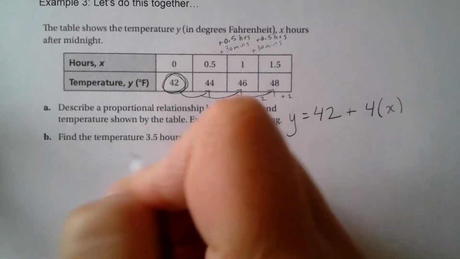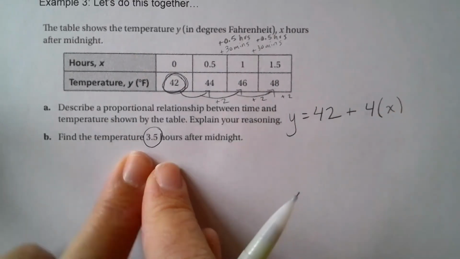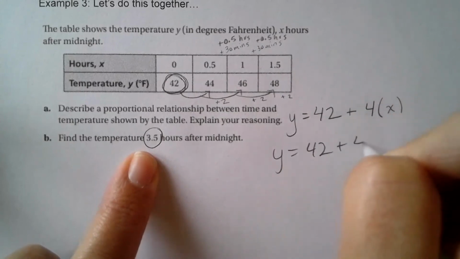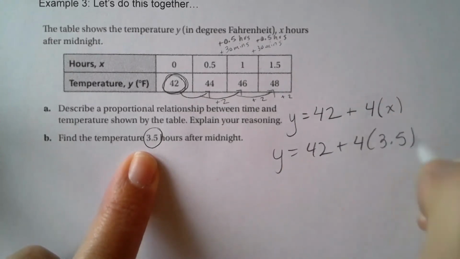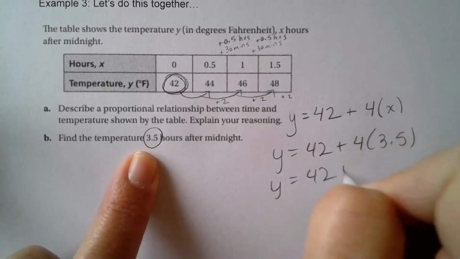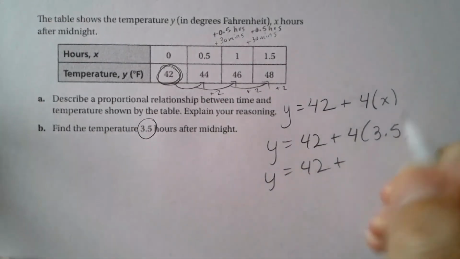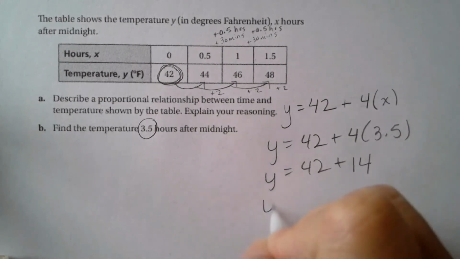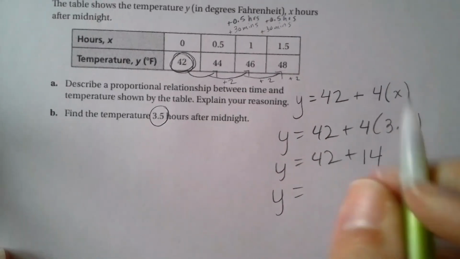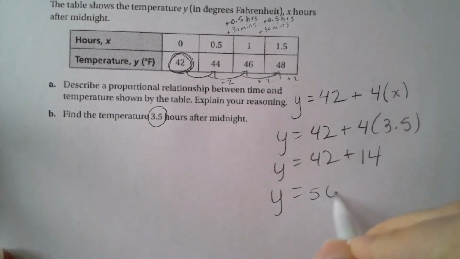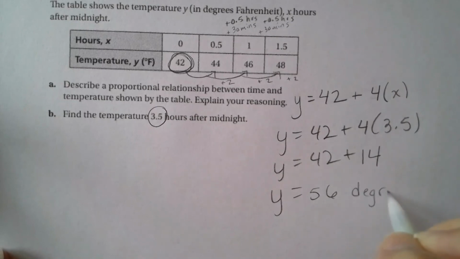All right, so put in 3.5 hours. So Y equals 42 plus 4 times 3.5. Y equals 42 plus, what is this? 14, right? So my total temperature after 3.5 hours after midnight should be 56 degrees Fahrenheit.